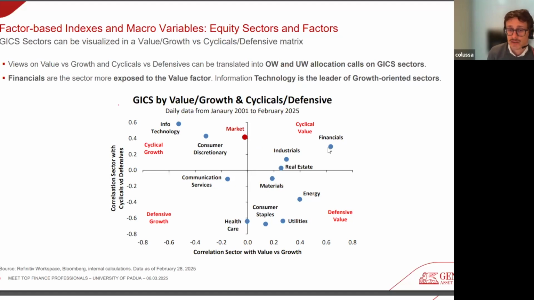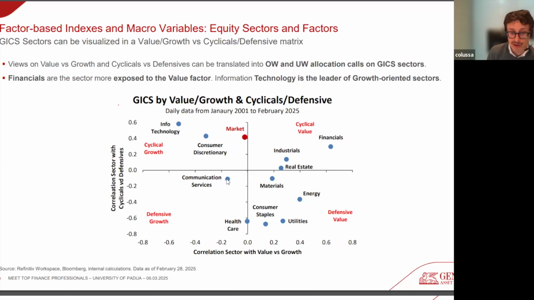Industrials is also a sector that is somewhat value. Of course, we have to understand that all sectors are calculated versus the market. The market is very driven by the moves in information technology. So sometimes you move from one quadrant to the other just because of your correlation with information technology.